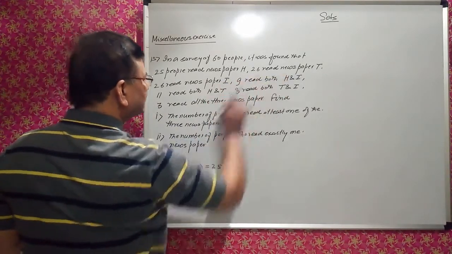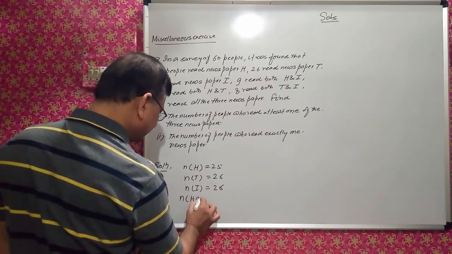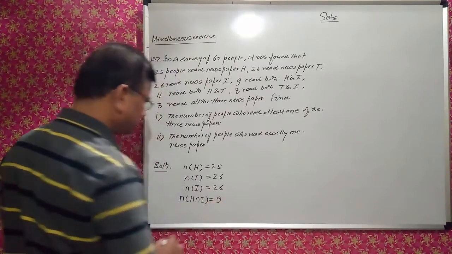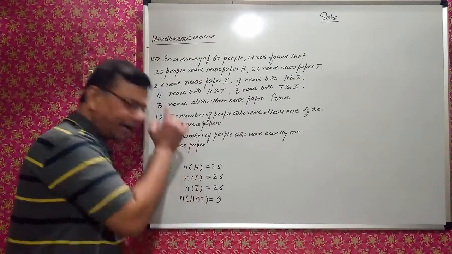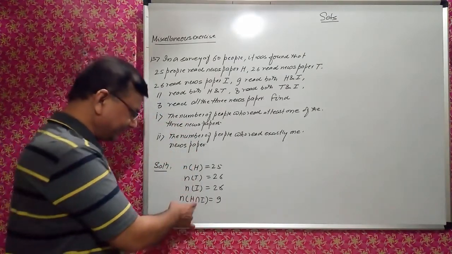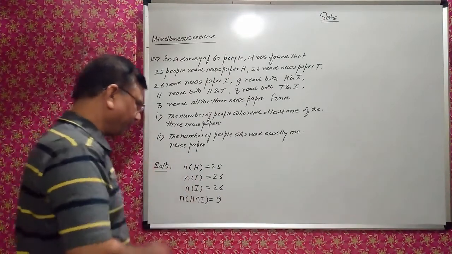9 read both H and I. So N(H intersection I) is equal to how much? 9. H intersection I means H and I. Wherever there is 'and', there is intersection. Wherever there is 'or', means there is union.